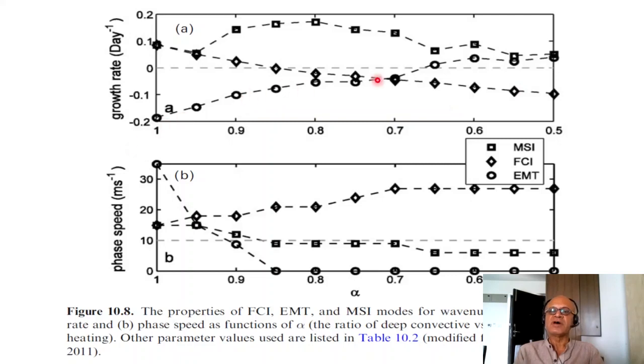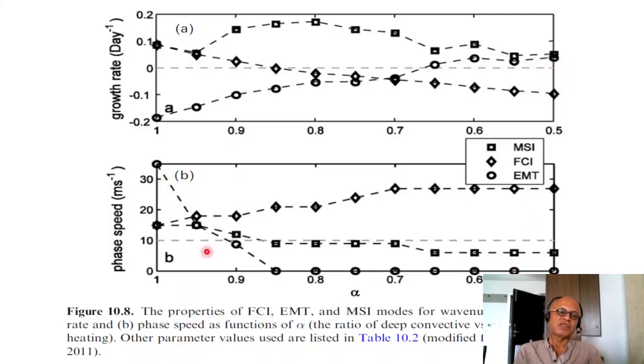So the EMT by itself doesn't kick into the unstable mode till you cross alpha of about 0.65 or so, and then it begins to become equal to the MSI at the ratio of 0.5, but here other features like propagation cannot be explained.